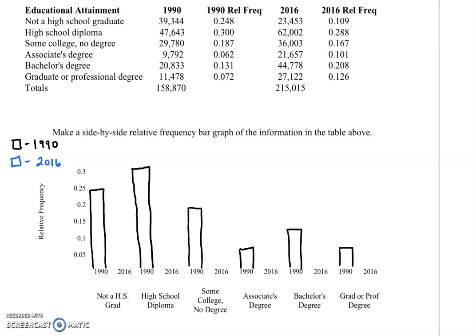Now we do the same thing with the 2016 data. So we have 0.109, that's about right here. 0.288, that's about right there. 0.167 is a little bit bigger than 0.15. 0.101 is just barely bigger than 0.1. 0.208 is barely bigger than 0.2.